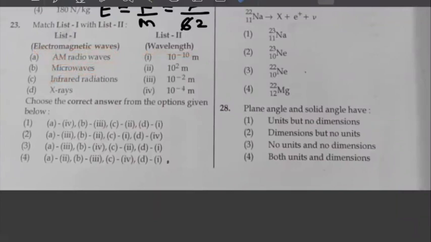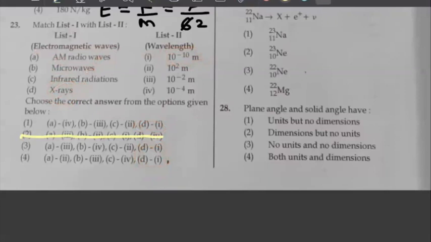Then infrared and X-rays. Definitely of the four, X-rays have a lot of energy, so X-rays should be very small wavelength or very high frequency. So it should be this one. So D should be 1. And as you can see here, D1 is in 3 options, so this option is gone.